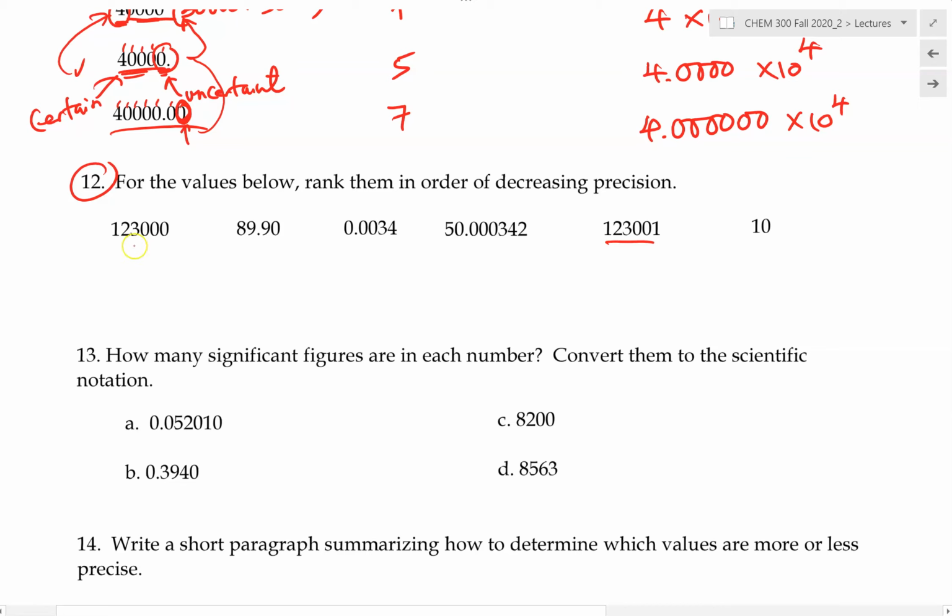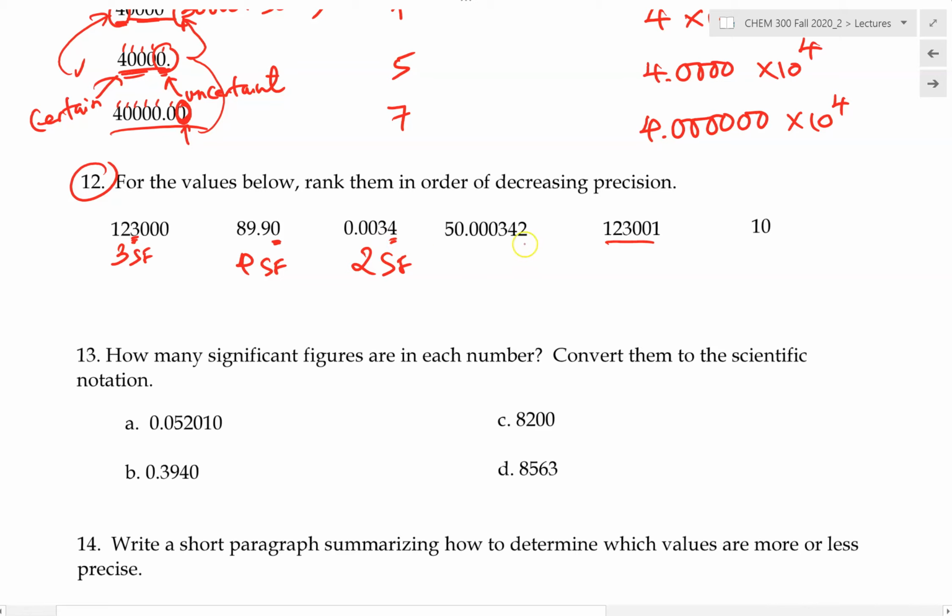Here, this value has 3 significant figures, and on this third one is where the uncertainty exists. And we can see this is on the 10,000 place. Versus this value, which has 4 significant figures, and the uncertainty exists on the second decimal place. And this value has 2 significant figures, and the uncertainty exists on the 4th decimal place.